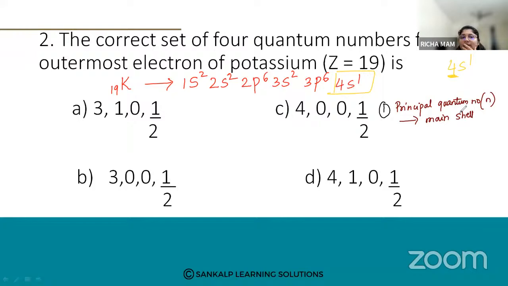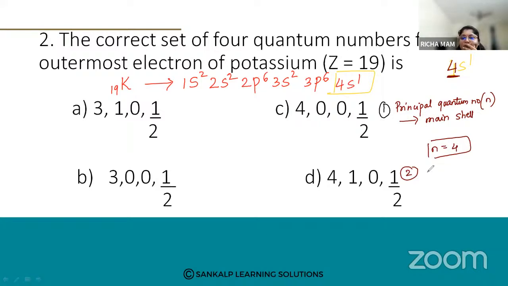Here the main shell is 4. The value starts from 1, 2, 3 and 4. So n equals 4. Here the principal quantum number is n equals 4.